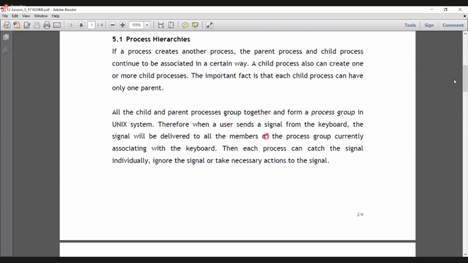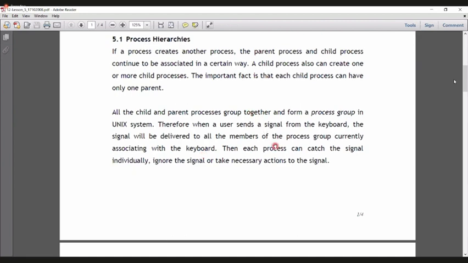Therefore, when a user sends a signal from the keyboard, for example, if you type the character A, the signal will be delivered to all the members of the process group currently associated with the keyboard. For example, there can be many processes expecting inputs from the keyboard. So that is one such group.